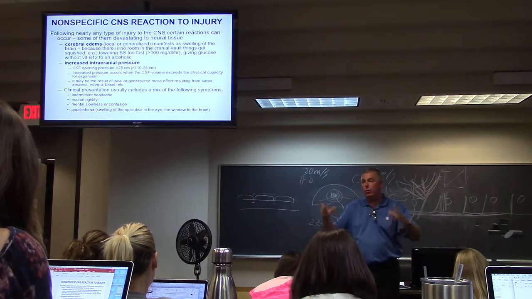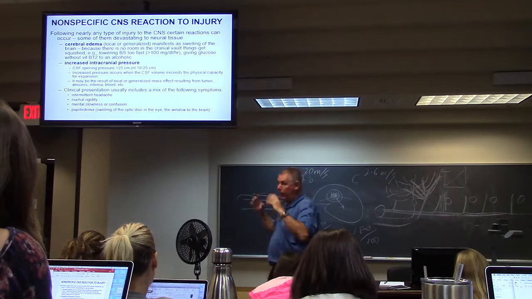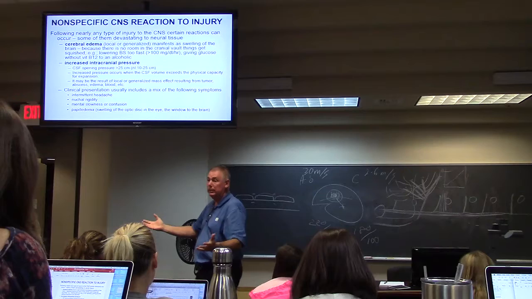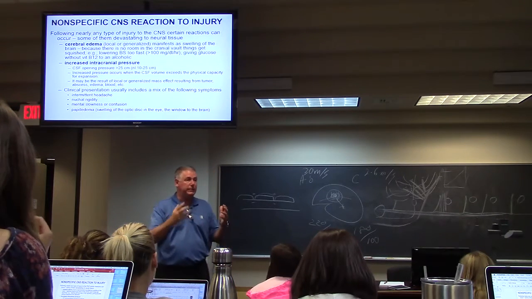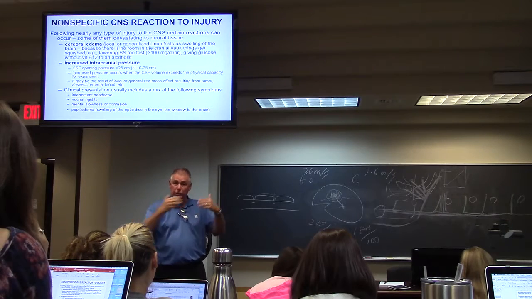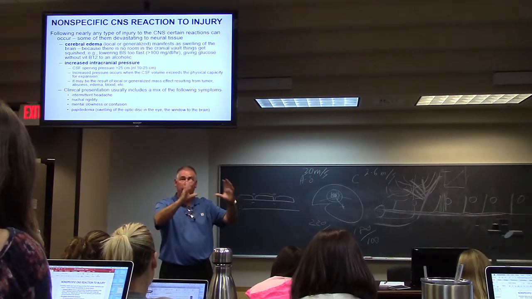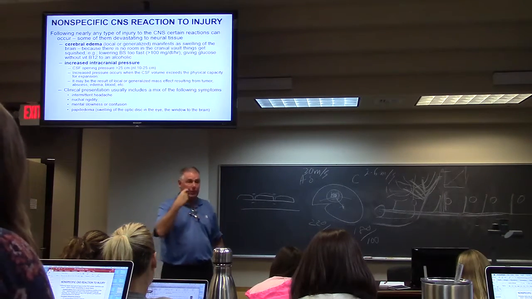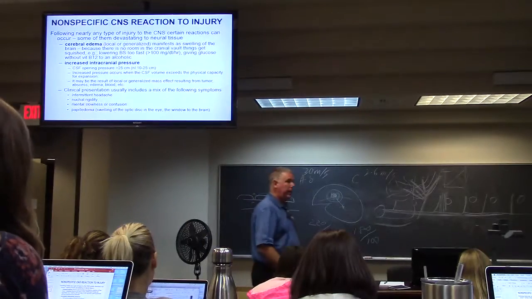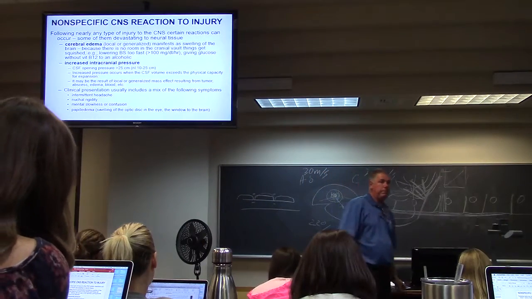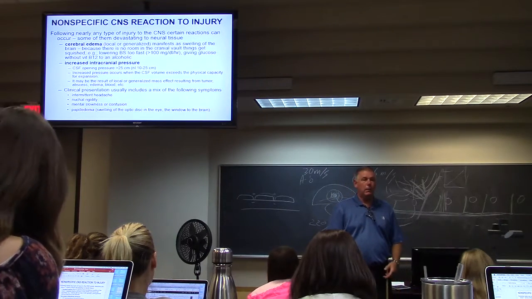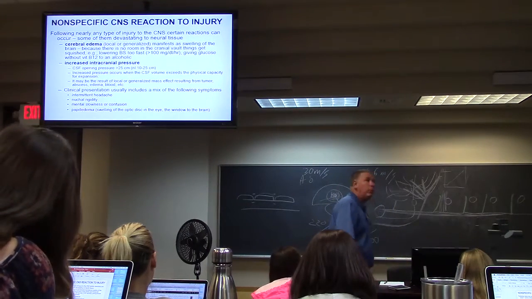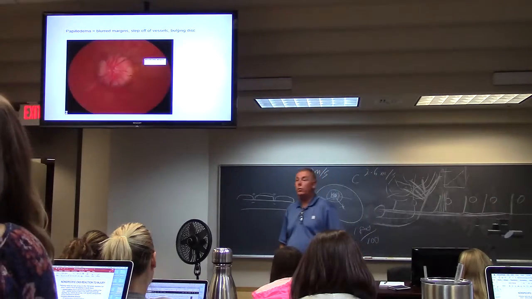The optic nerve is surrounded, if you remember from anatomy, by meninges. If I have an increase in pressure in the CSF, it's going to project onto the termination of the optic nerve, which is the optic disc in the retina. You can wind up with papilledema, which looks like this.